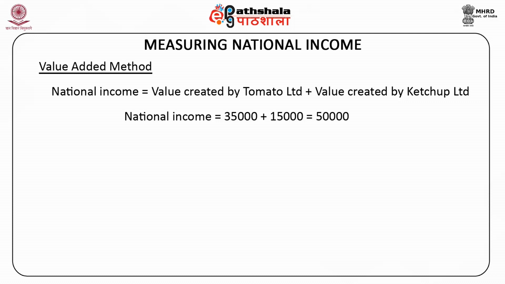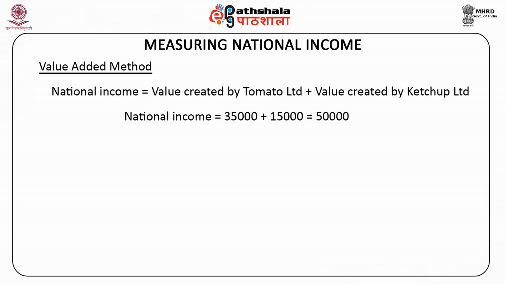To avoid this, we should add the value added in each stage or by each firm. The value added by Tomato Limited is 35,000, assuming it does not use any intermediate inputs. Now the value added by Ketchup Limited is value of final output minus cost of intermediate inputs, that is 40,000 minus 25,000.